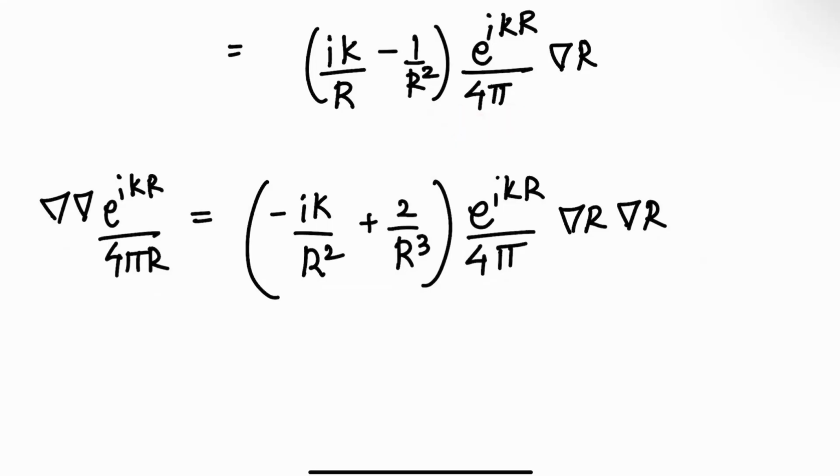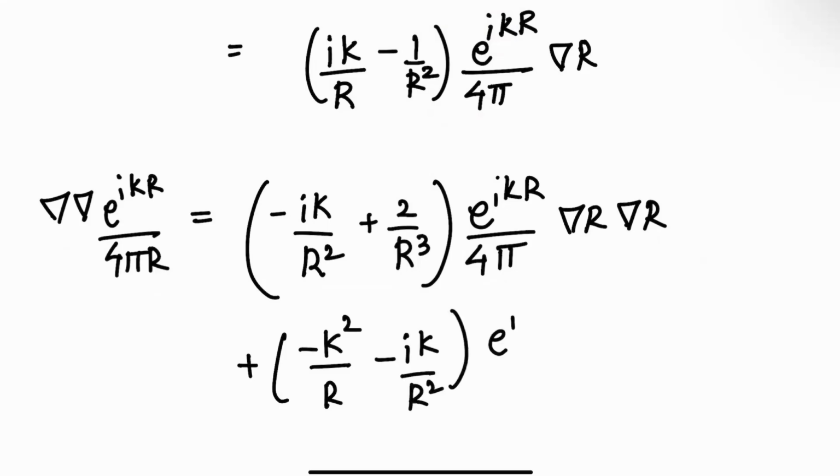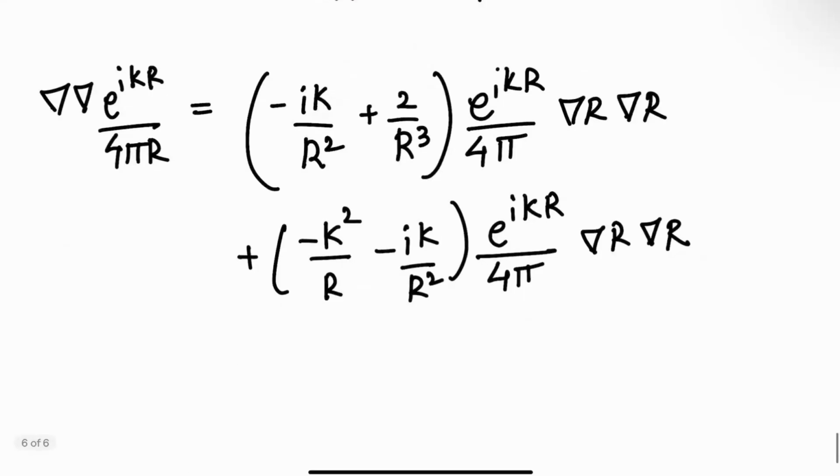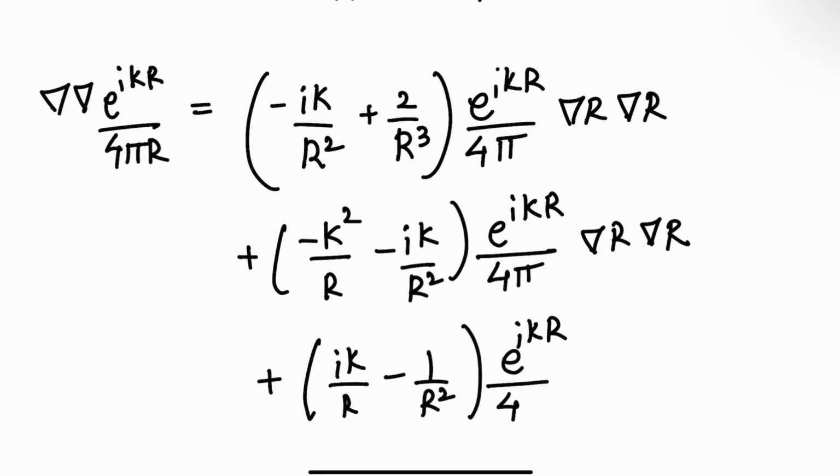When I take the gradient of this, it brings down the ik, and that multiplies with this coefficient, right? So I get basically minus k squared over r minus ik over r squared, e to the ikr over 4 pi, gradient of r, and another gradient of r again from the chain rule. And the last term is pretty trivial. It's just gradient of r, right? You have the same coefficient, minus 1 over r squared, e to the ikr over 4 pi, gradient of r.